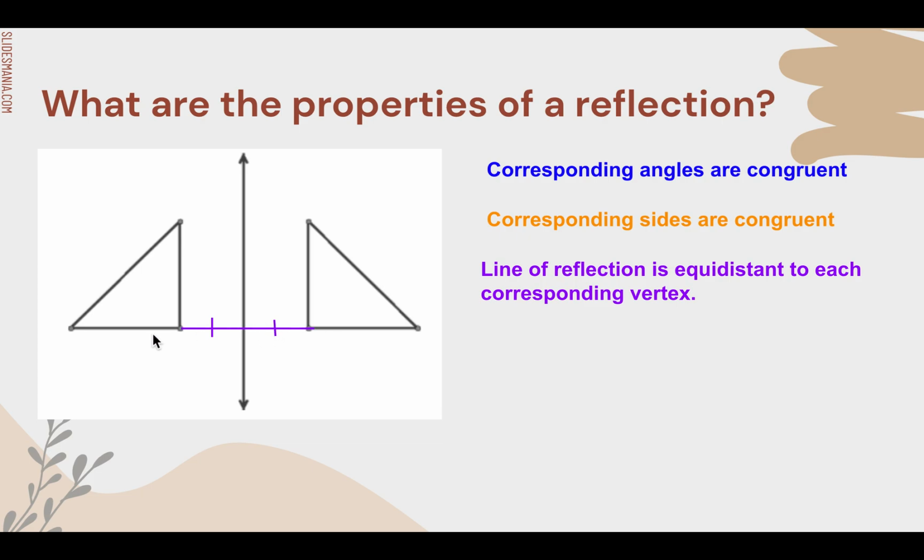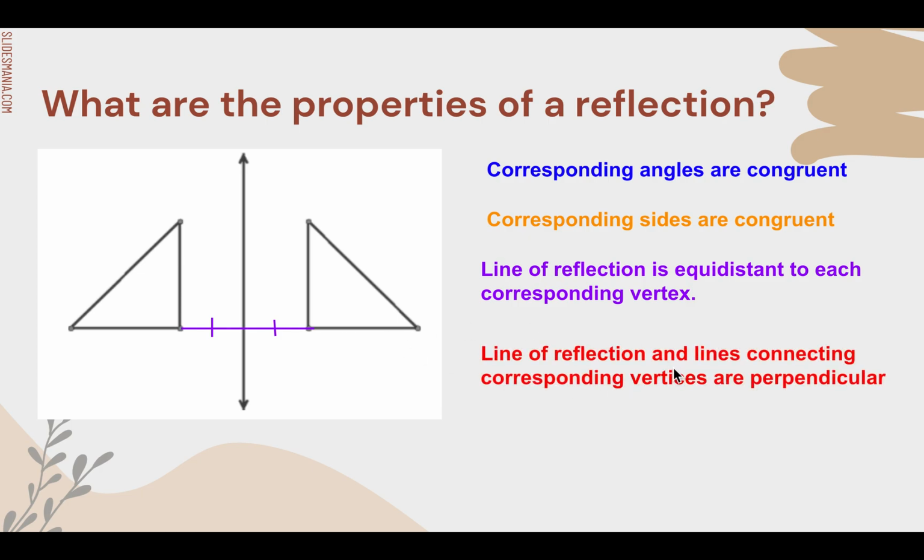So they are equidistant to the line of reflection in that way, so those two lines would then be congruent to one another. Same would be true for these top vertices and for those outside vertices. If I added all of those lines, it would jumble the image rather than making it more clear, so I have gone ahead and just labeled one, but it is true for all three sets of vertices.